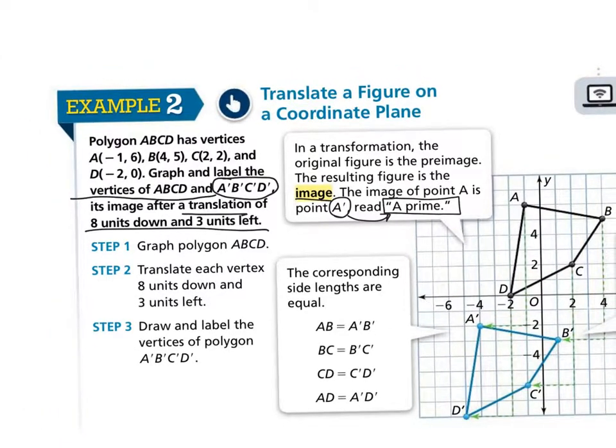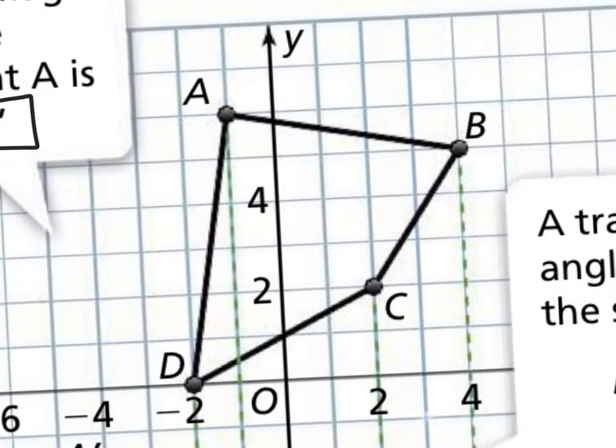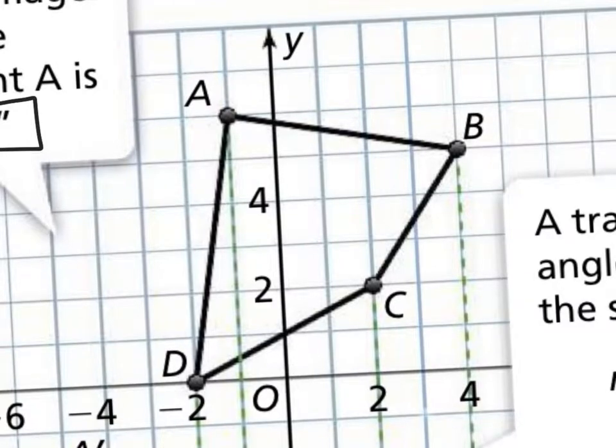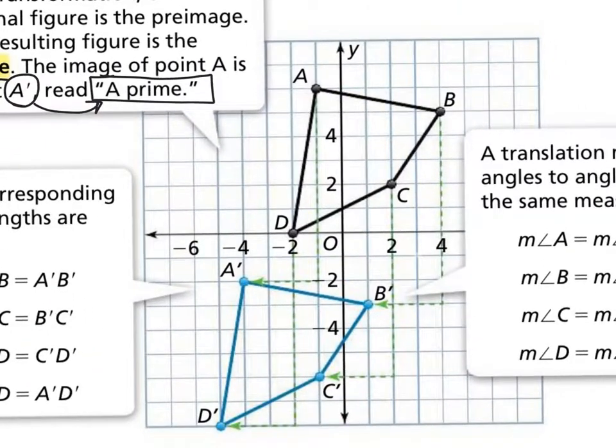Okay, so you can see in your book here our original figure is this one here, and then they wanted us to move that 8 units down and 3 units to the left. So you can see what they did here. A little harder to tell on the screen here maybe than in your book, but you can see the little green lines they drew.